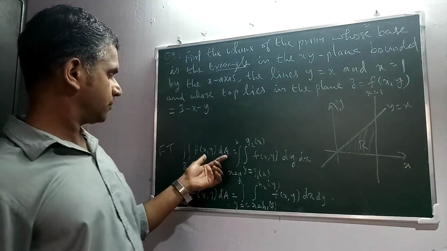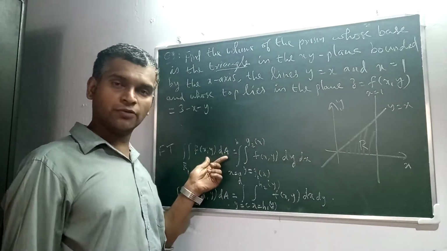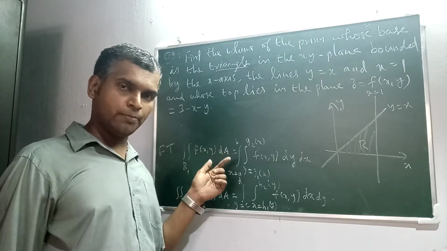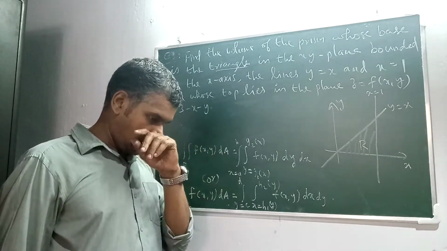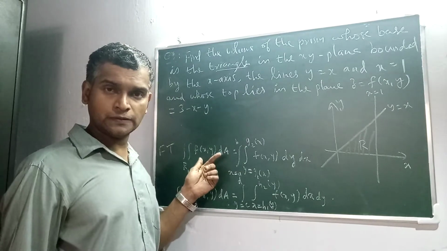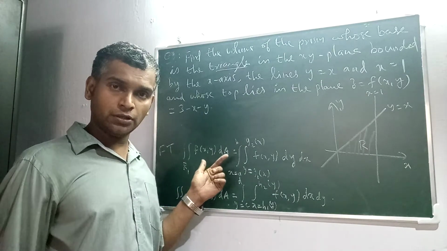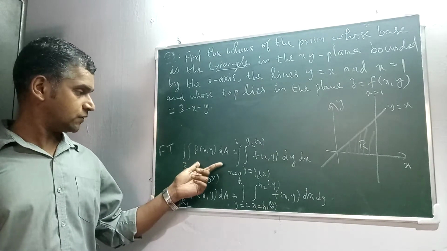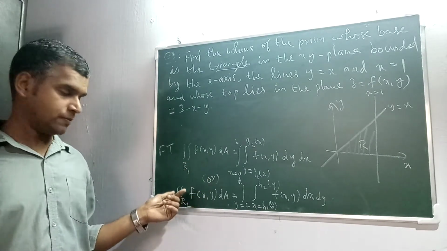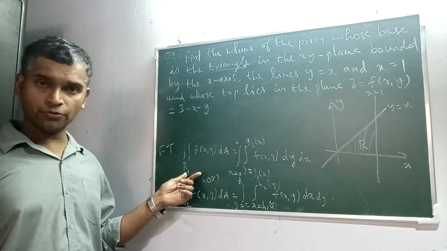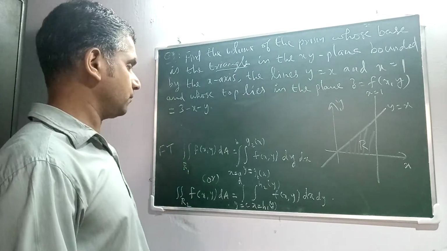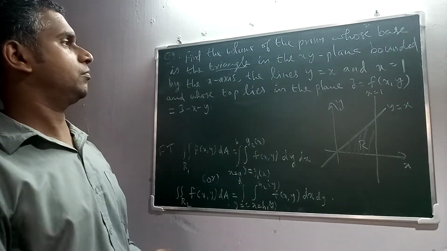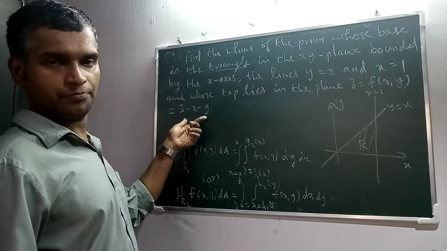So remember, double integral represents the volume of the surface that lies vertically above the region R. So you have to find the volume of this surface.